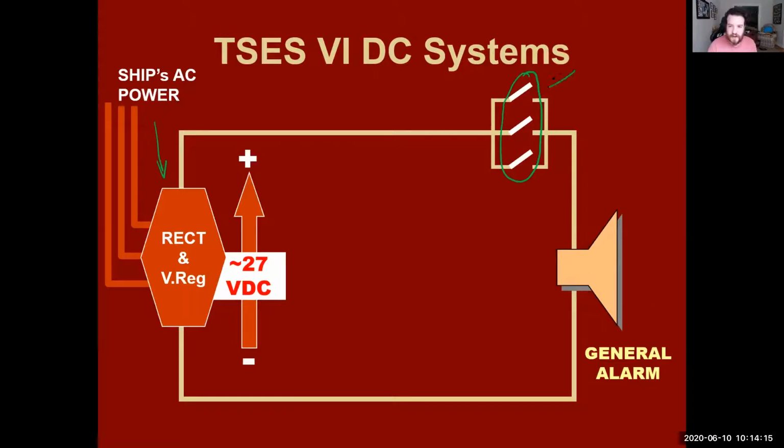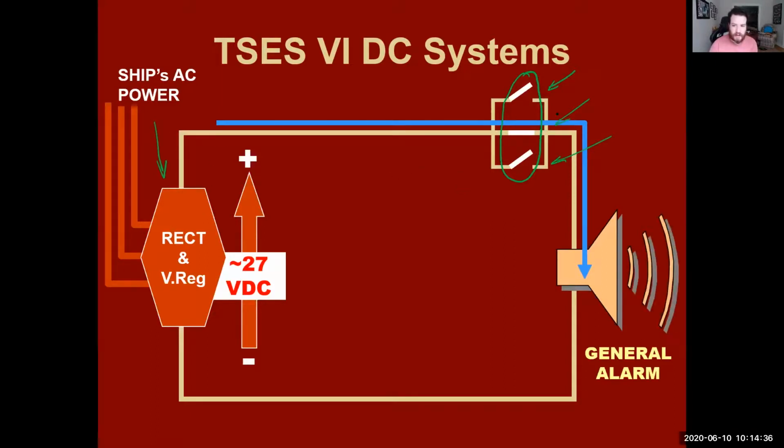We have the one up on the bridge, the one down on the quarterdeck, and the third one, I cannot for the life of me remember where it is off the top of my head. Let's just say it's down in the engine room. If you were to close any one of those, you would gain power going through that switch and into the general alarm, and thus it will sound the general alarm.